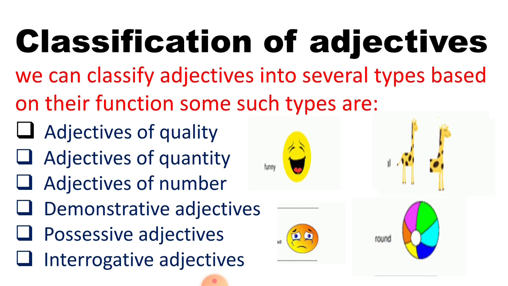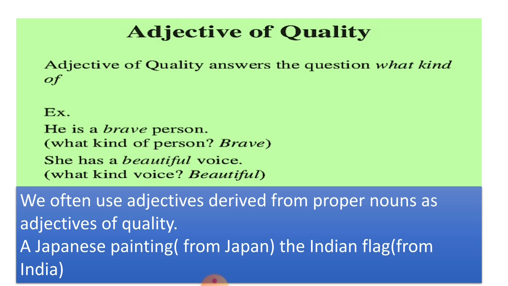Adjectives of quality, adjectives of quantity, adjectives of number, demonstrative adjectives, possessive adjectives, and interrogative adjectives. So these are some of the categories of adjectives on the basis of their function in the sentences. So let's discuss them one by one in detail.